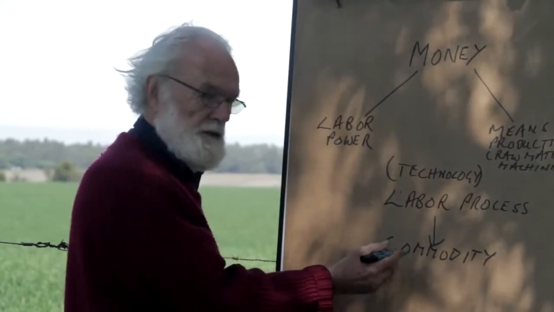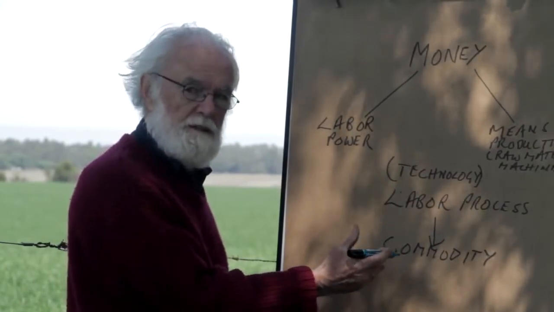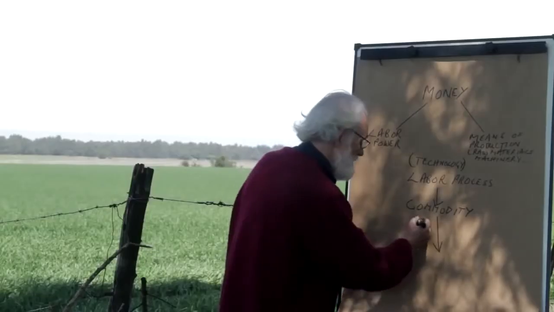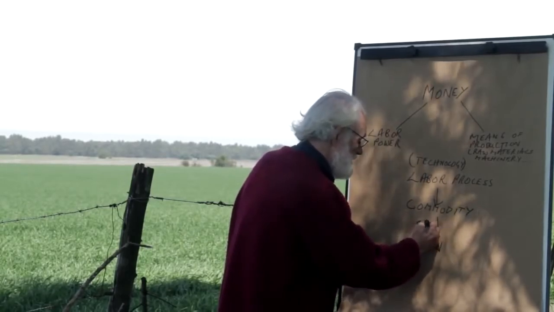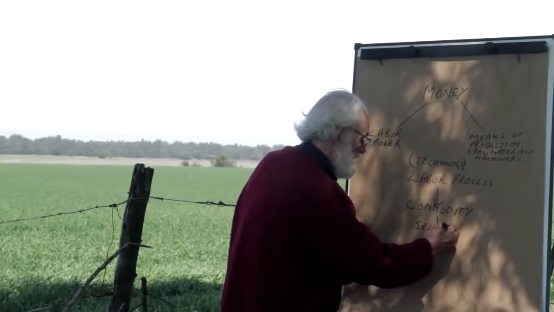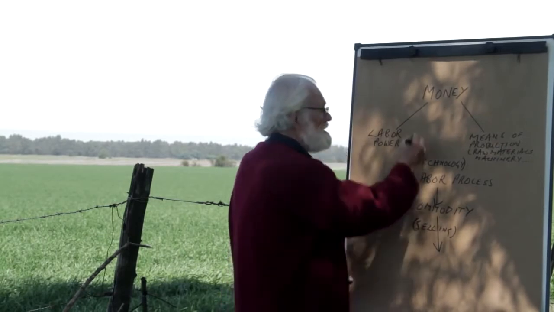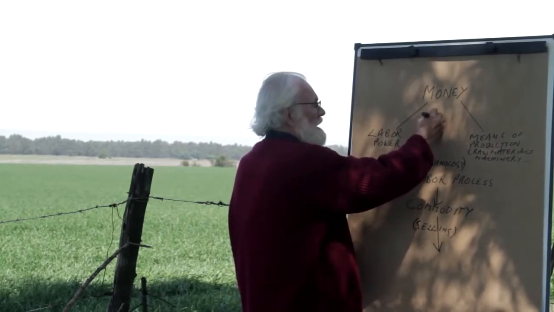And then the problem is the capitalist has this commodity and has to sell it in the market. And so there is here a moment, a process of selling. And this contrasts, of course, with the moment up here of buying.